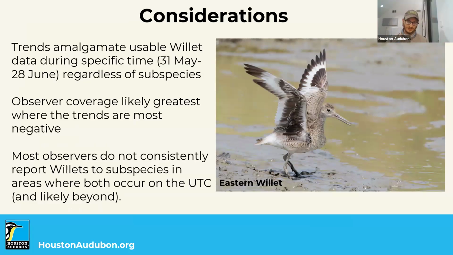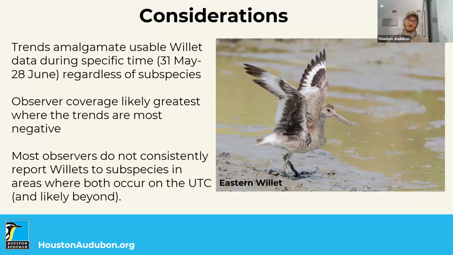So some considerations for those maps that I just showed. I kind of already touched on this first one. The time that they chose is good, but given that we don't have that specificity, it's not great.